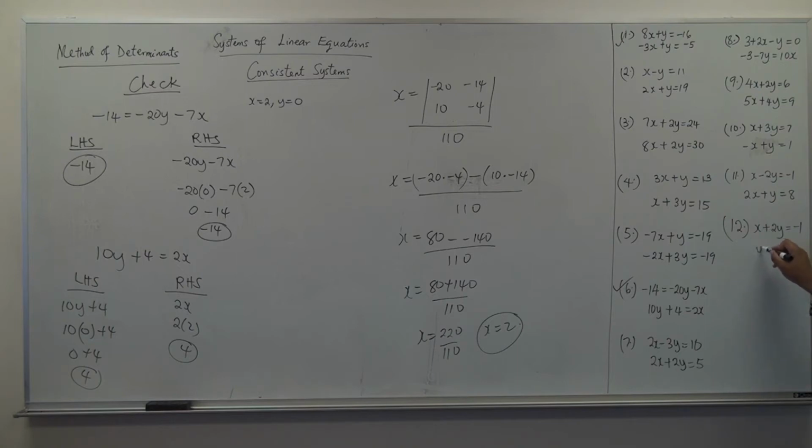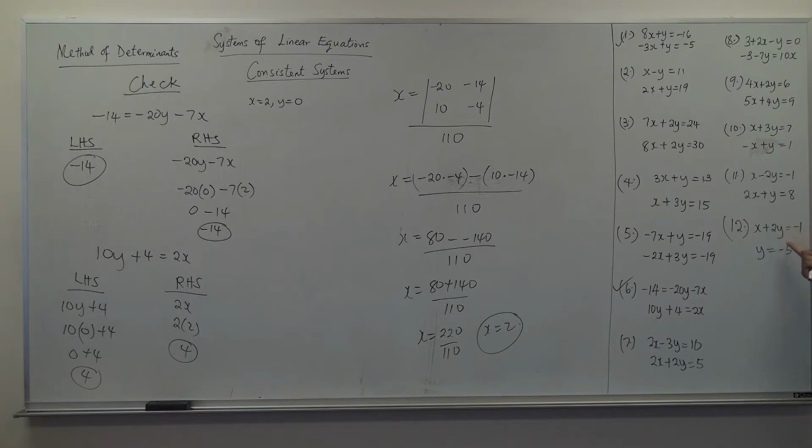And then you also have that y is equal to, let's say, negative 5. Assuming that you have that y is negative 5 and x plus 2y equal to negative 1.